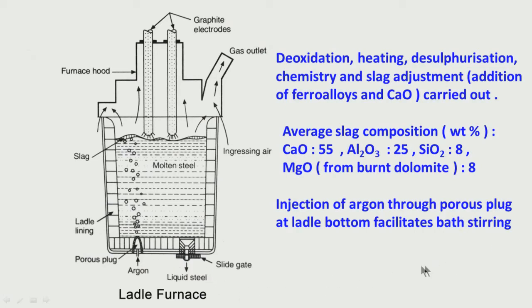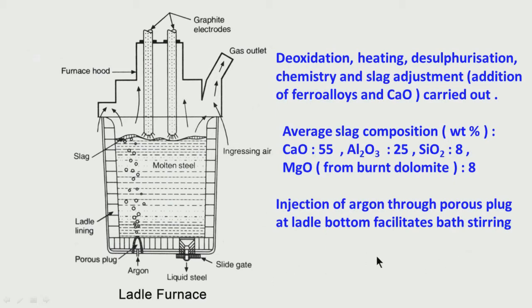Through that you can inject argon, and this helps in circulation in the bath. This helps in homogenization of the bath. This helps to float the alumina inclusions which are forming by the deoxidation reaction, to go up and get absorbed at the slag level.